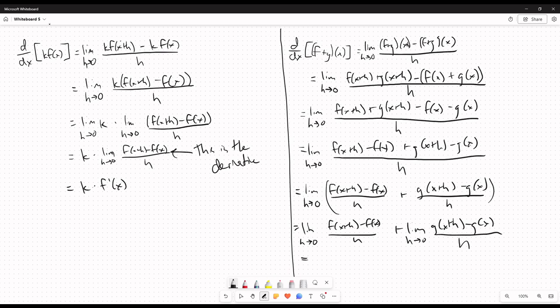And what are those two things? Well, this is just the derivative of f of x, and this is just the derivative of g of x. And that's exactly what we would expect from our addition rule for the derivative. So we've taken these two basic derivative rules and actually shown that they're true using the limit definition of the derivative.